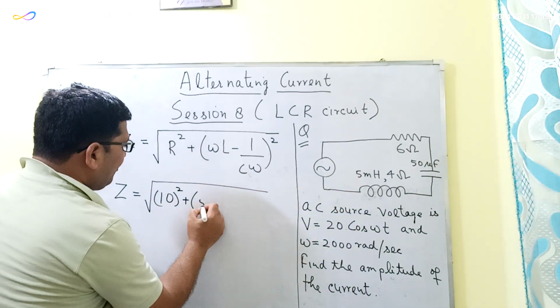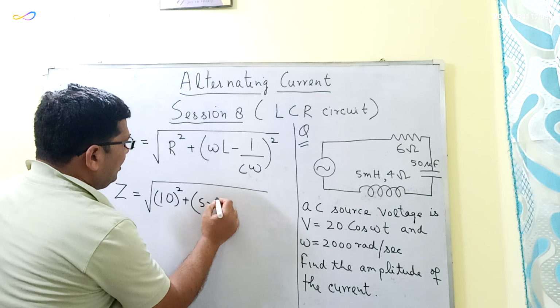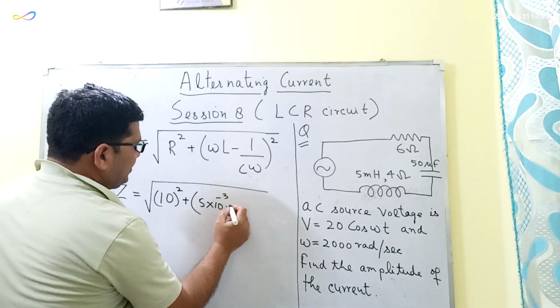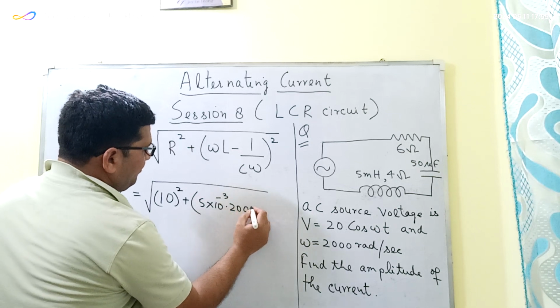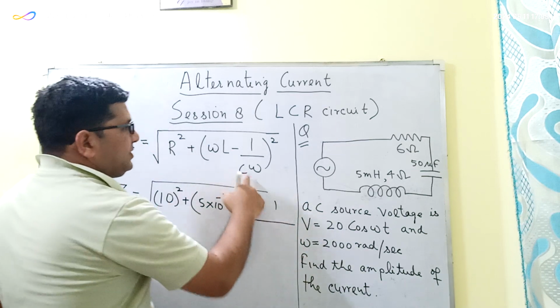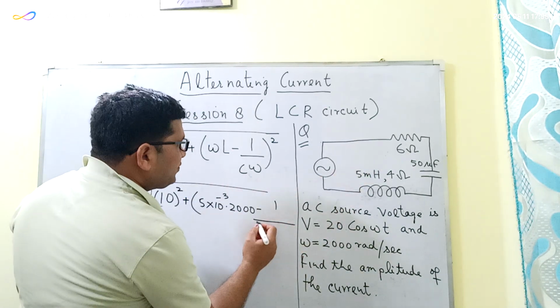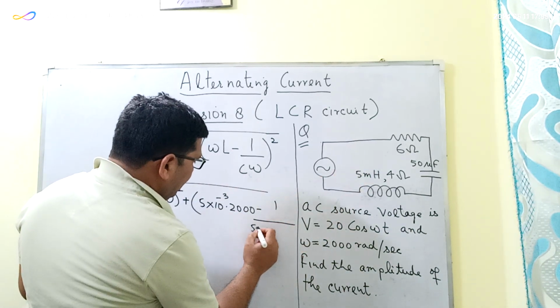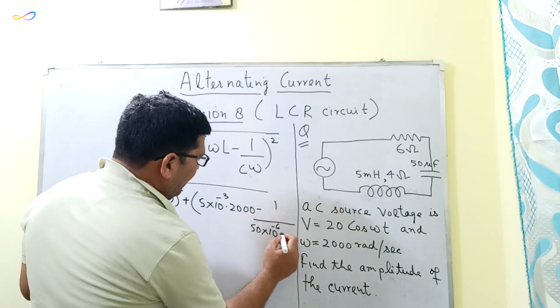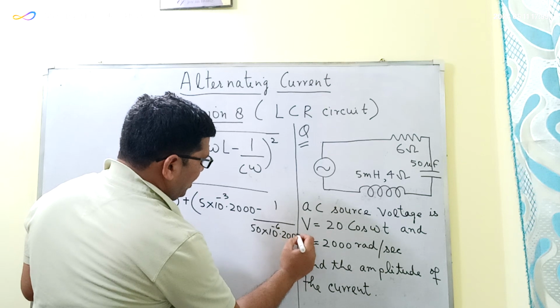Here I will convert into henry, which is 5 into 10 to the power minus 3. This is the value of L, and omega is 2000, minus 1 divided by C. C is the capacitance of the capacitor, which is 50 microfarad, so this is 50 into 10 to the power minus 6, into omega, which is equal to 2000.